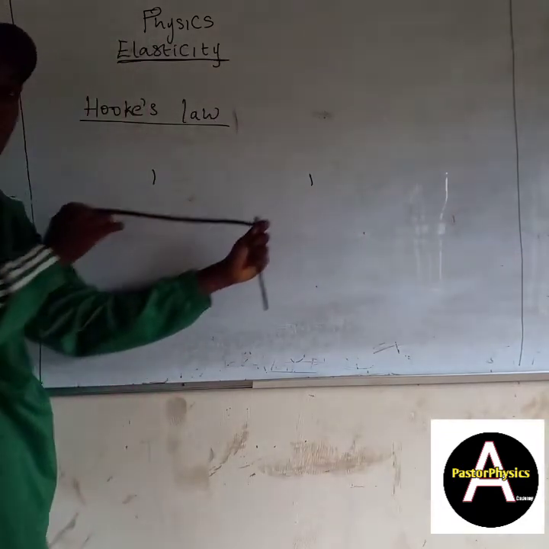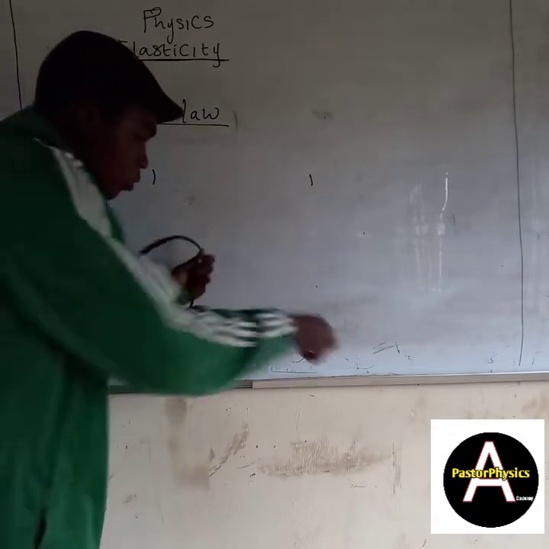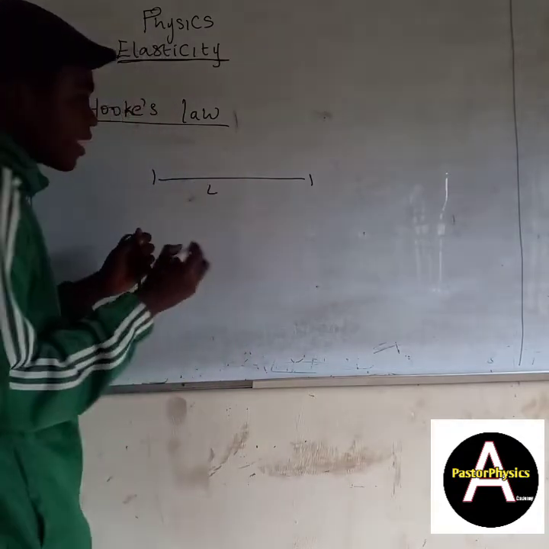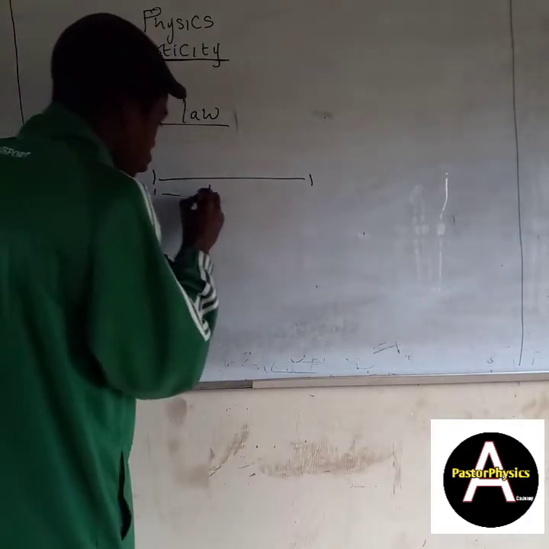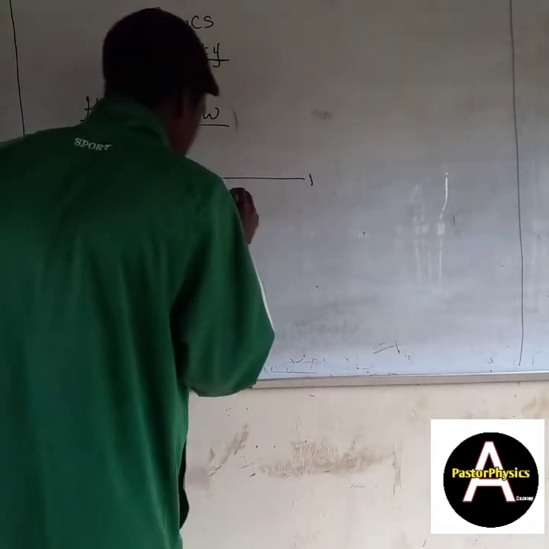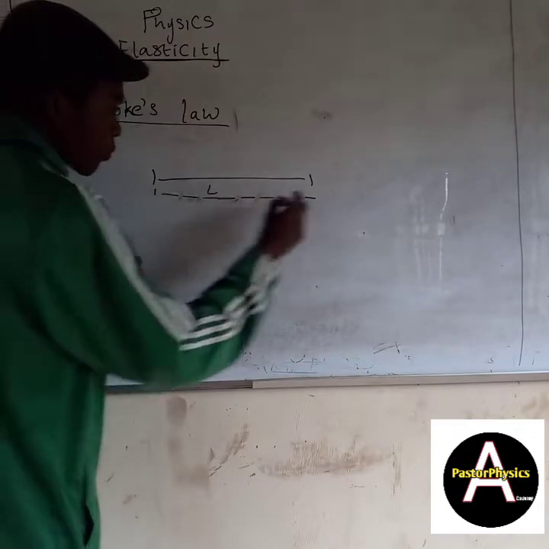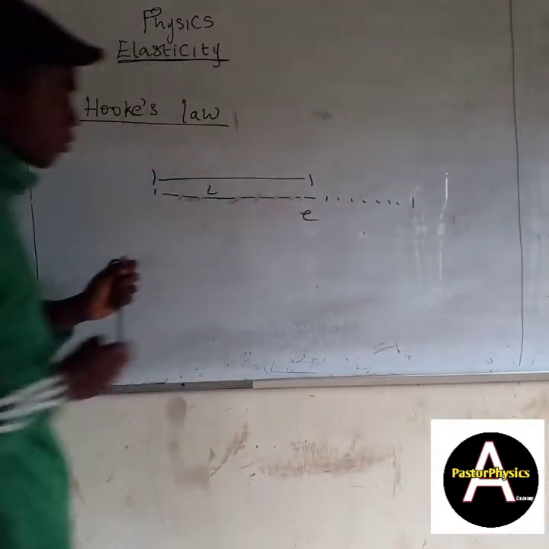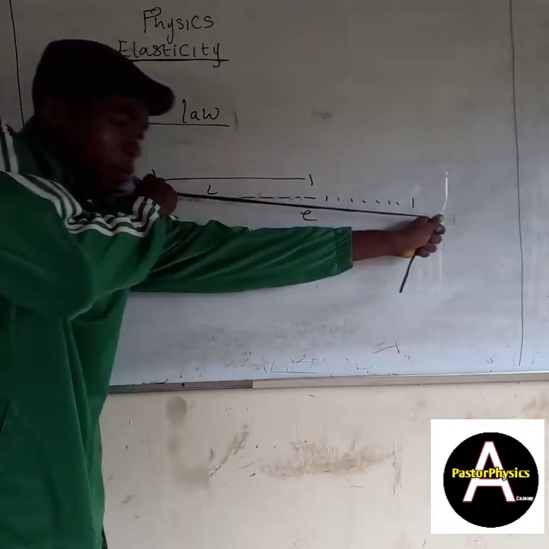It means that the more the force you apply, the more the length. True or false? So you discover that the rubber's original length was what? And then it now has an extension. Are you getting it? It now has an extension. We can use the dotted line of E. What does it tell you? It means that the more the force, the more the extension.